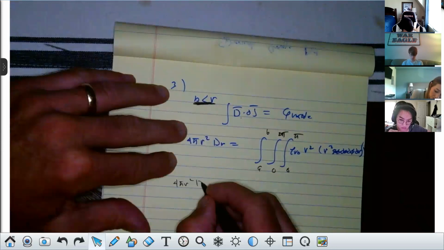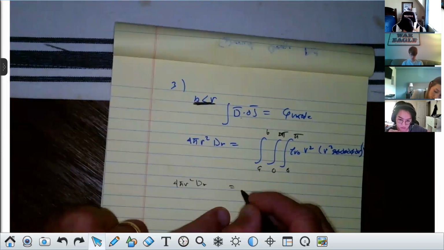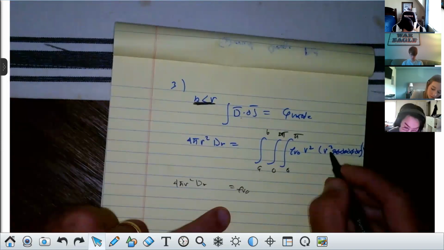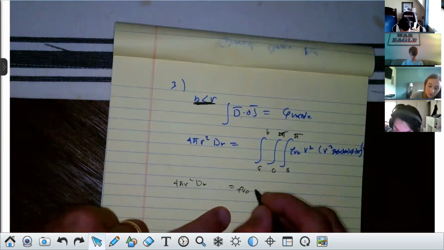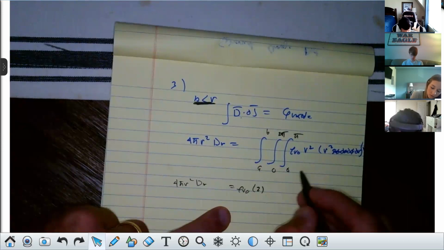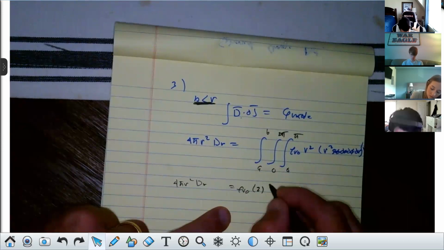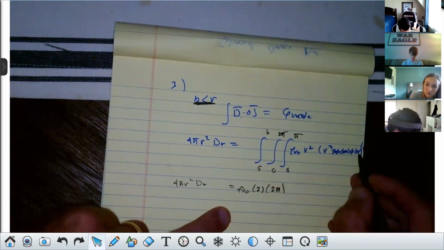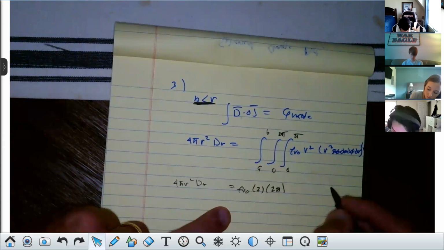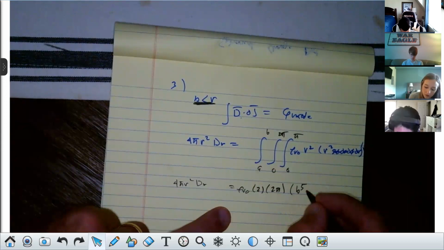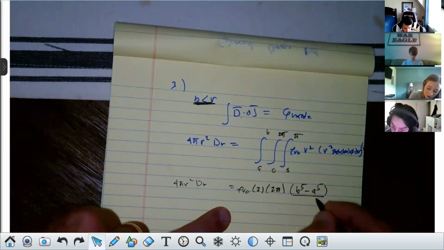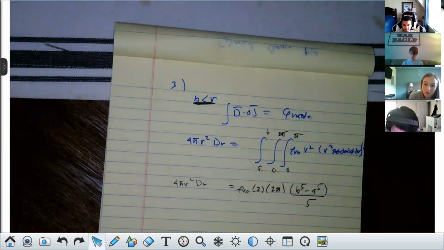And on this side, I have rho v 0. Then when I integrate sine theta d theta, I get 2. When I integrate d phi from 0 to 2 pi, I get 2 pi. And then when I integrate r to the fourth dr, I get r to the fifth over 5, evaluated from a to b. So I have b to the fifth minus a to the fifth over 5. You agree? Everybody agree with me so far?